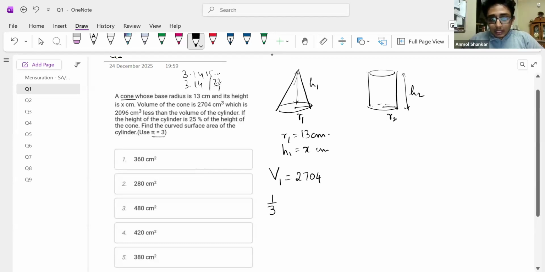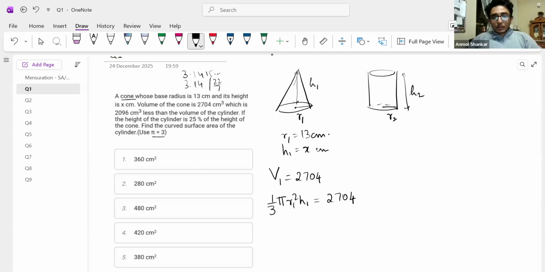So 1 by 3 pi R1 square H1 is equal to 2704, and R1 we know is 13.